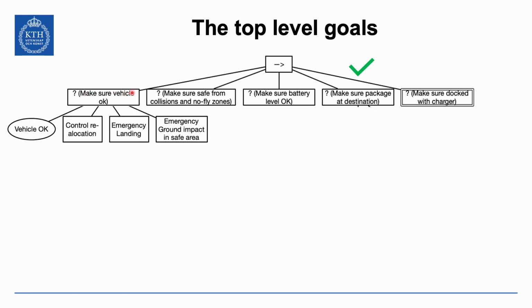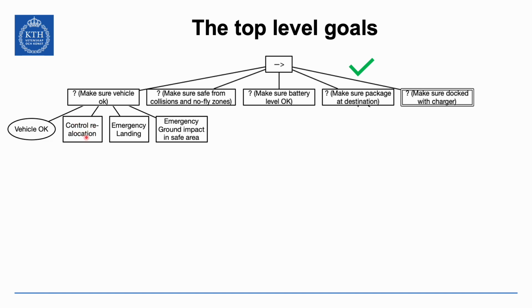What about making sure the vehicle is okay? Well, first we can check if the vehicle is okay. So this is also kind of a PPA where we have several actions that achieve the vehicle okay. Well, in some general sense, I guess. First, if we have a propeller failure, if we have a hexacopter, like in this example, we can try controlled reallocation.